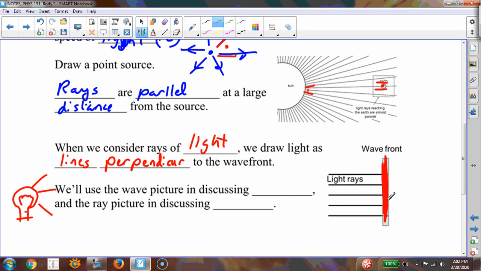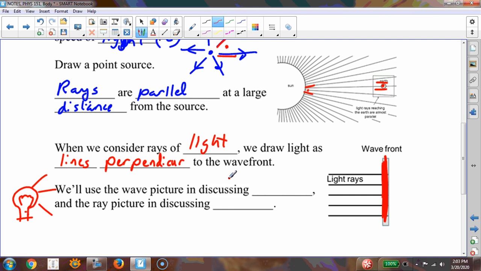And we'll use this wave picture, this wavefront. You can think of it like the whales in the Frozen video, the killer whales that killed that poor seal, that produce a wave that sort of travels at the front of their noses. And that's sort of like what this is, where the wavefront is perpendicular to all the little rays of light.